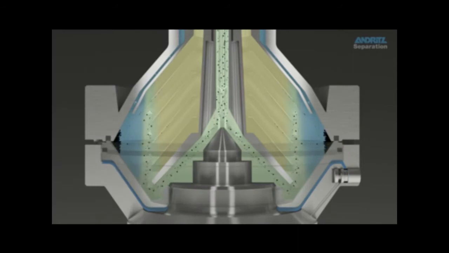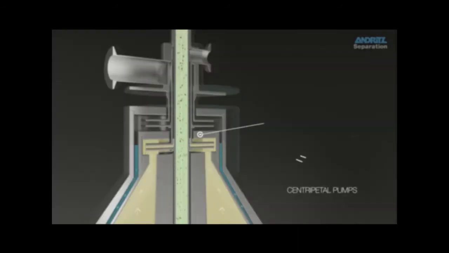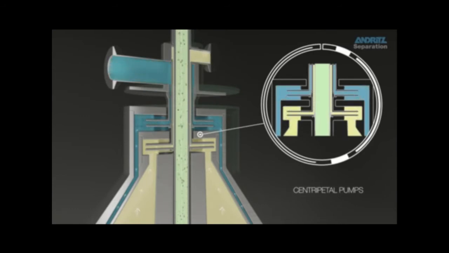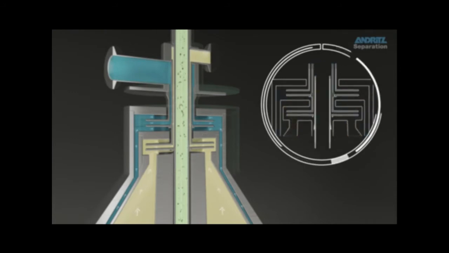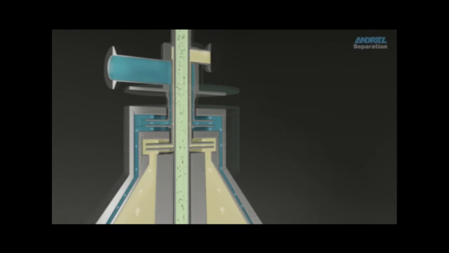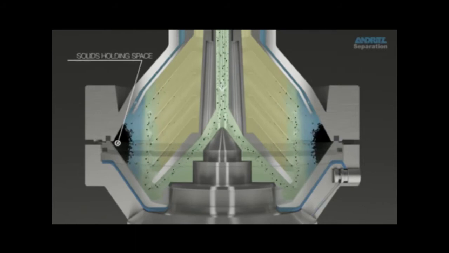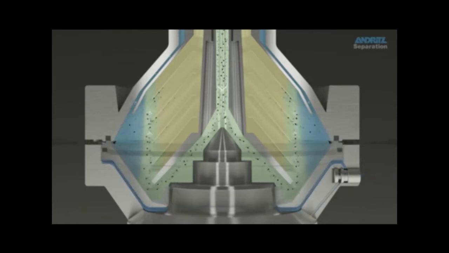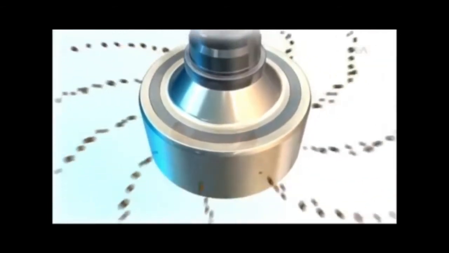The cleaned oil phase moves towards the center of the bowl, and is discharged by a pairing disc, or centripetal pump, to the service tank. The water phase leaves the bowl to the sludge tank. The heavier solids phase is collected at the bowl periphery, and either discharged out by manual or self-cleaning purifier to the sludge tank.